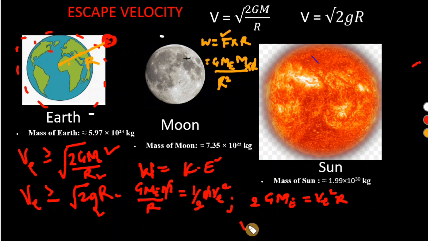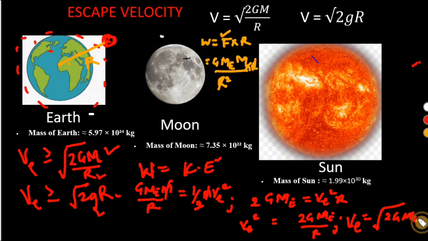If we make Ve squared the subject of the formula, we have 2GMe upon r. And finally, escape velocity is the root of 2GMe upon r. In this case, we are looking at escape velocity for a body at the Earth's surface.